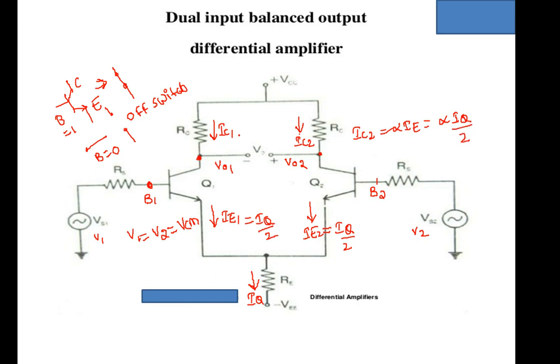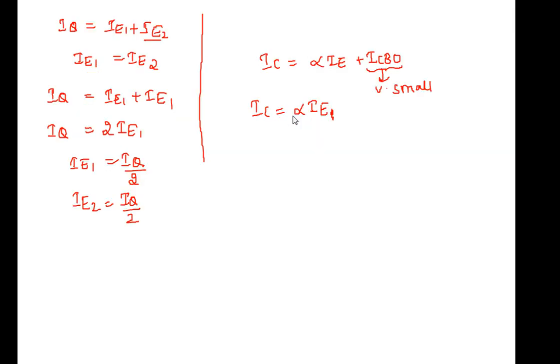Similarly, IC1 is also alpha into IE1. So in place of IE1, just substitute IQ by 2. I am writing that one. So IC1 equals alpha into IE1.